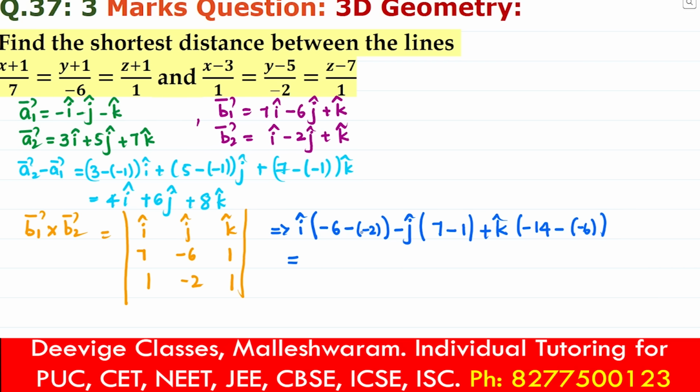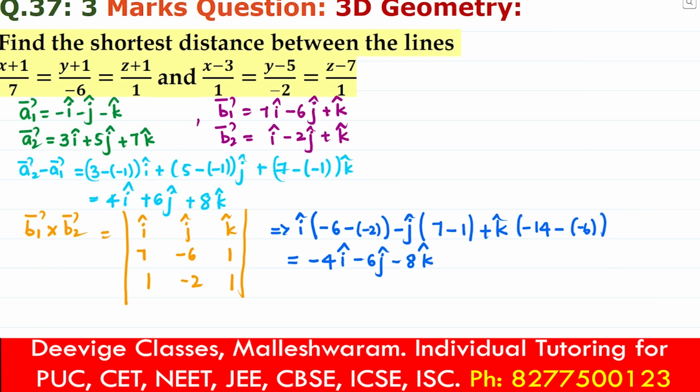Minus into minus is plus, so minus 6 plus 2 is minus 4 i cap, 7 minus 1 is 6 j cap, and minus into minus plus, minus 14 plus 6 is minus 8 k cap.